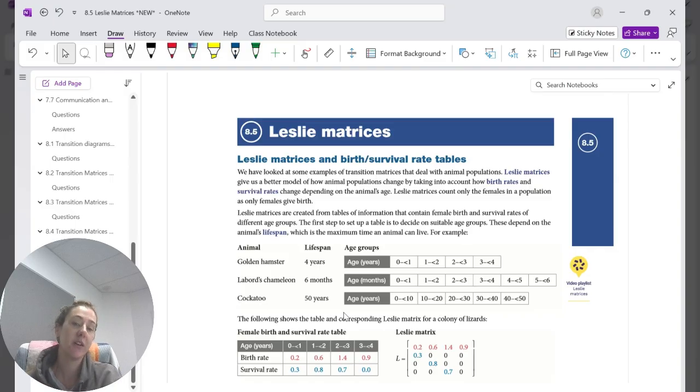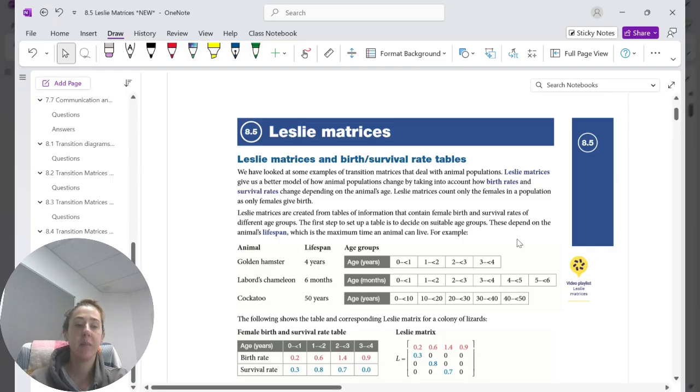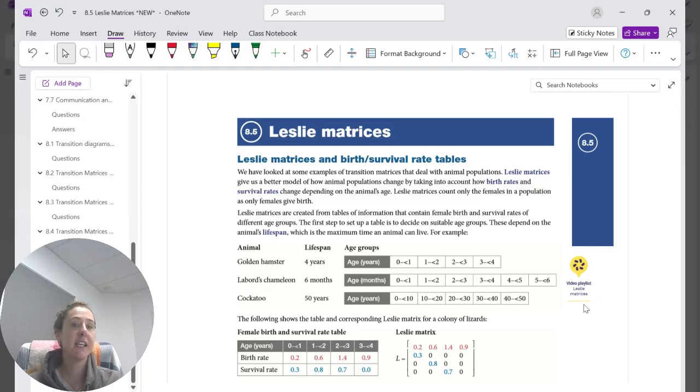So this is years again, but we're going 0 to less than 10 years of age, 10 to less than 20. Can you see that we want to keep them at about this size? Any more age brackets than that, and our data gets quite difficult to handle. Too few, though, and we lose some of the integrity of our data.